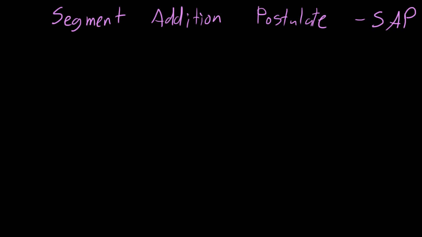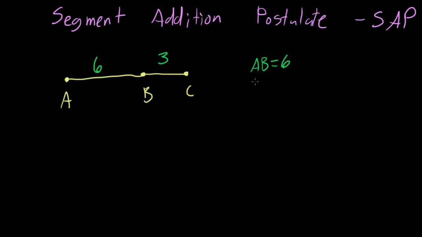The segment addition postulate says that if we have two segments, A, B, and C, and they're collinear, I'm going to do it with numbers first, and then we'll do the general case. If this is 6 and this is 3, how much is the whole thing? If AB is 6 and BC is 3, how much is AC? Well, obviously, it's 9. How do we know that? We added the segments. This is the segment addition postulate.